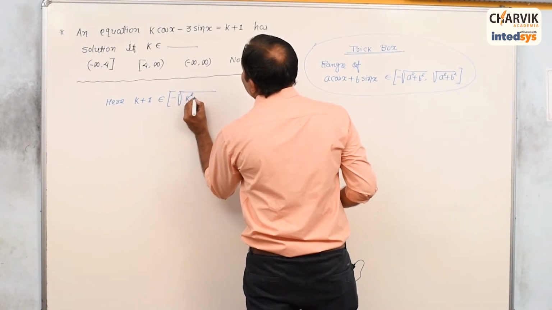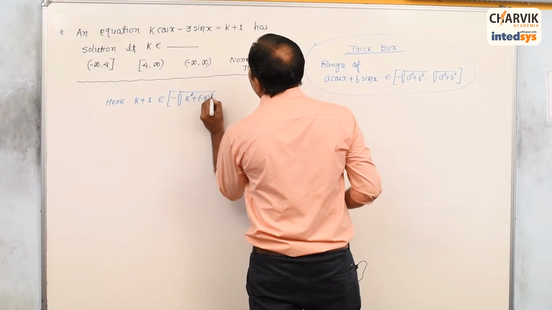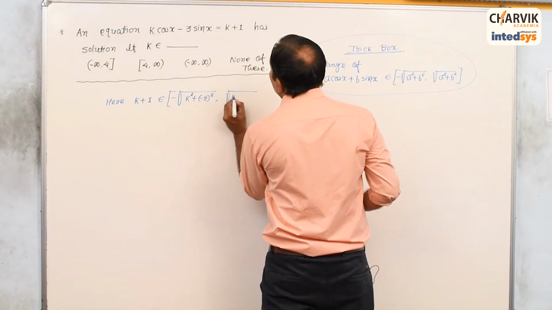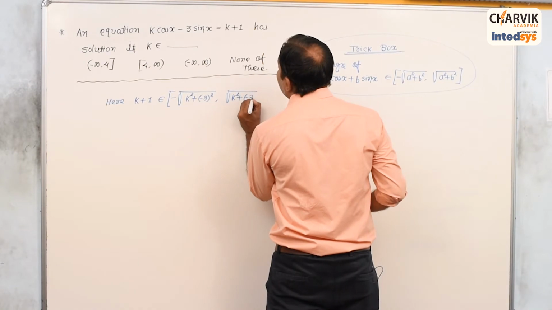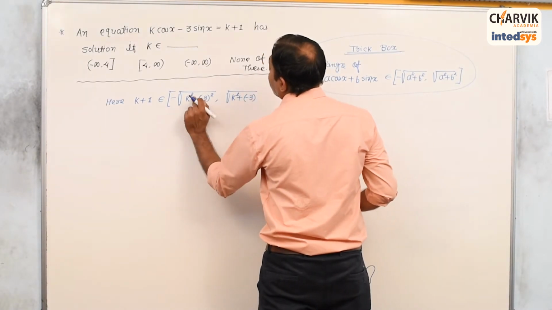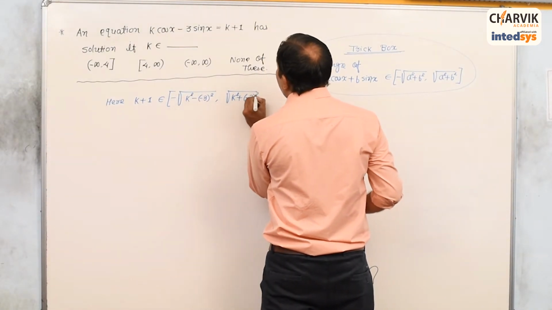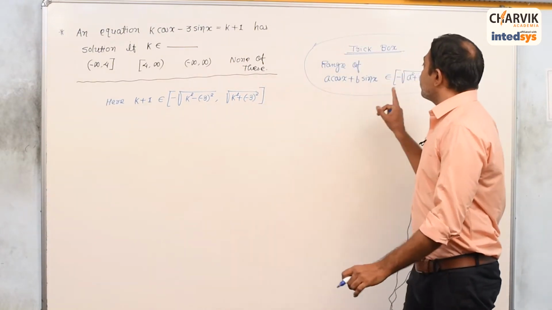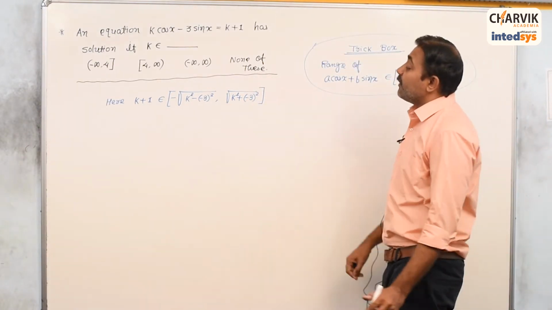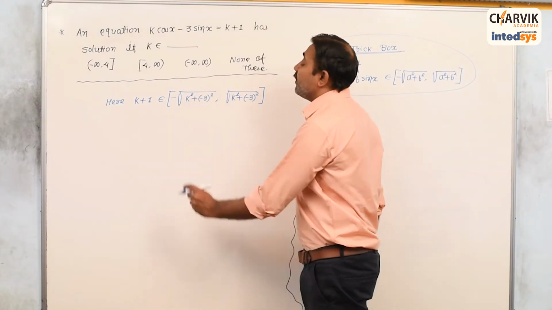It means k square plus minus 3 square. Just write in short, k square plus minus 3 whole square, k square minus and k square plus. Okay, so minus and plus.